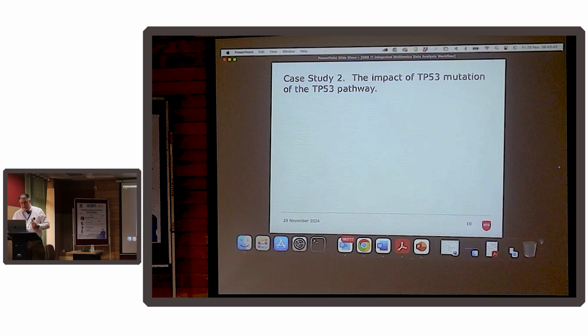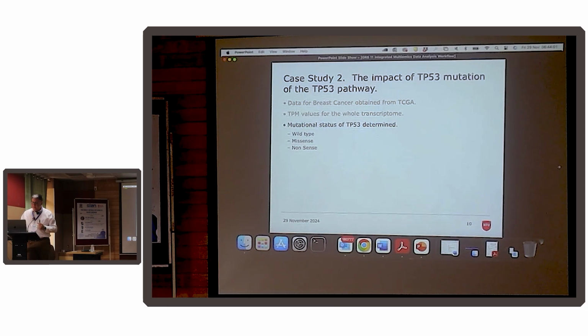So, second case study, and this goes in a bit more depth, is what is the impact of the TP53 mutation on the TP53 pathway. So here we got breast cancer data. This is unpublished. We got TPM values, and for the breast cancer data we knew whether they were wild type, missense or nonsense.